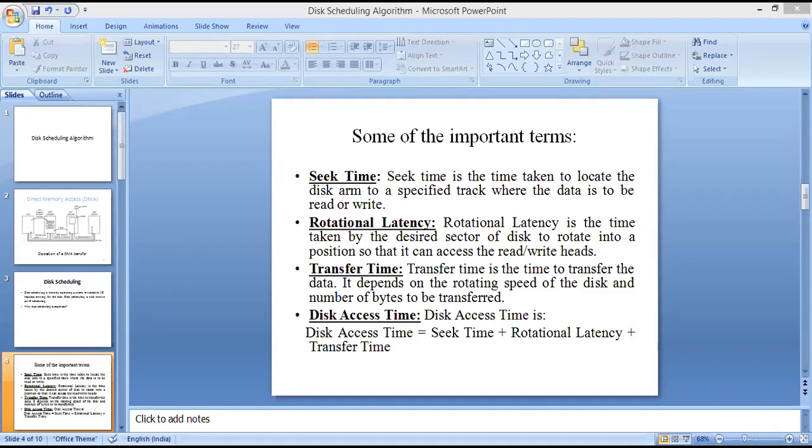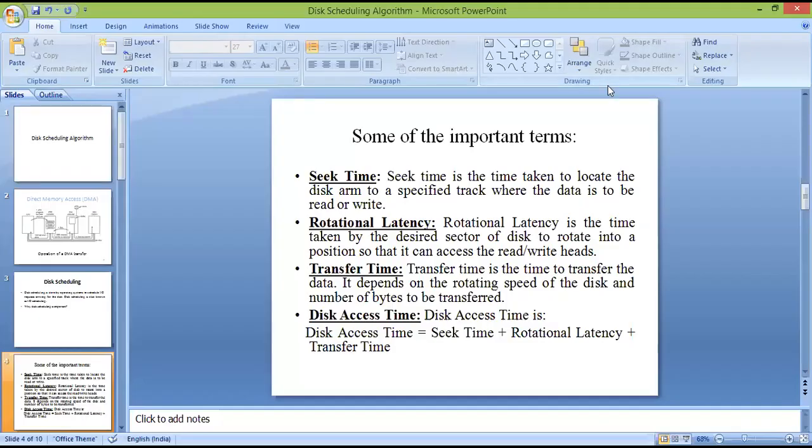Those cylinders comprise particular tracks. Each track consists of a number of sectors, and one sector has a head which points to the starting position for reading and writing a particular piece of data into the disk.